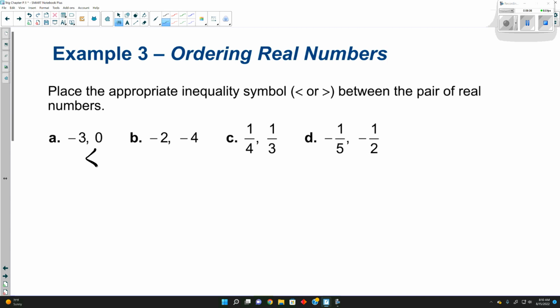Between -2 and -4, we know that -2 is bigger, because the bigger a negative number gets, the smaller it actually is. 1/4 and 1/3, 1/3 is bigger. 0.3 repeated compared to 0.25. And -1/5 and -1/2, well, that would go -1/5, because -0.2 is bigger than -0.5.